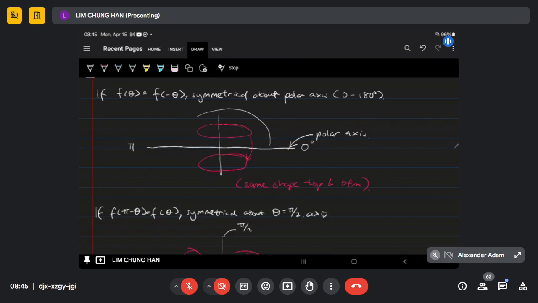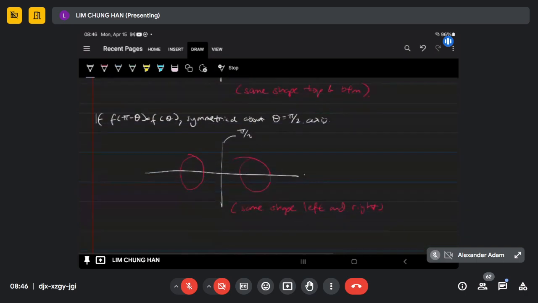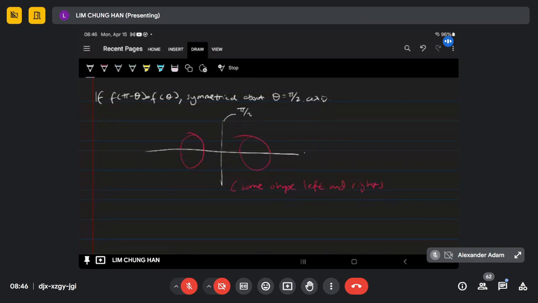You get the shape on top, and you can mirror the shape at the bottom. You don't have to plot all the way from 0 to 2 pi. You just have to plot from 0 to pi, and whatever shape you get, you can just mirror it below. The second rule is the same, except it's left and right.